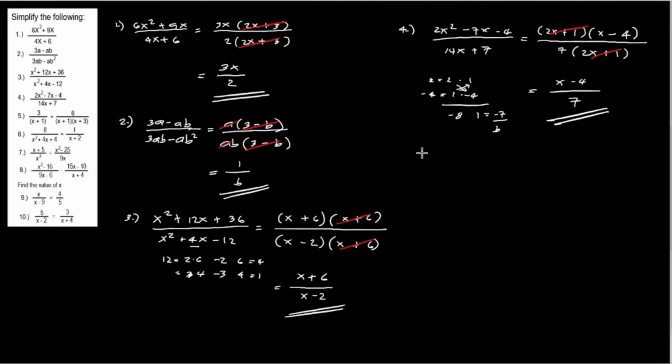Number 5. 3 all over x plus 1 plus 6 all over x plus 1 multiplied by x plus 3. We have two fractions and that's addition.